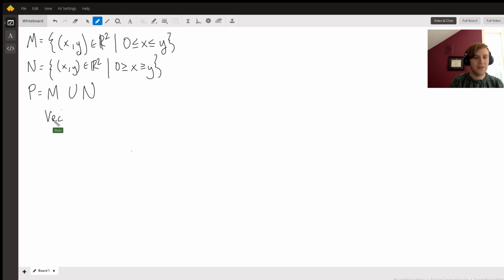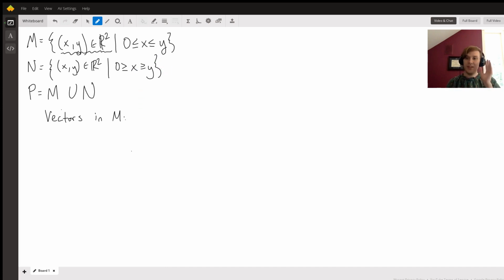So let's start with some vectors in M. M is the set of two-dimensional vectors with real numbers such that, this bar means such that, 0 is less than or equal to the x-coordinate, which is less than or equal to the y-coordinate. So we're looking for coordinates that are both positive or 0, right? Because 0 is less than or equal to the smaller coordinate.